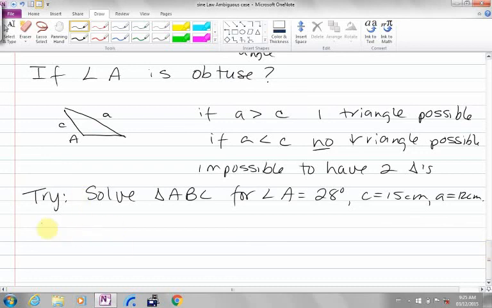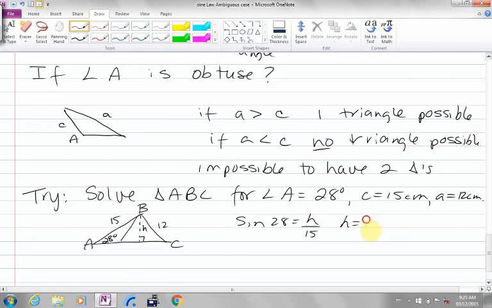All right, so in order to figure out whether or not we have 2 cases or 1, we need to figure out that height and see if it is less than 12. So the sine of 28 is h over 15.